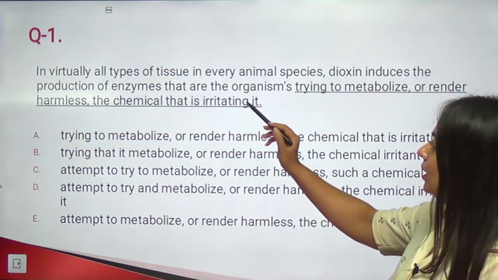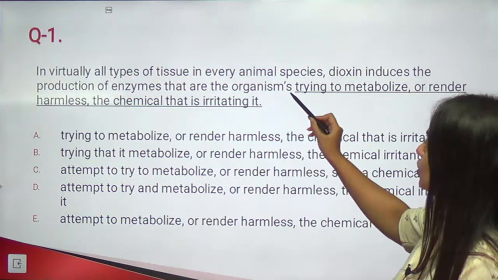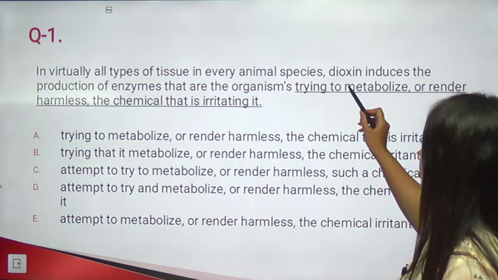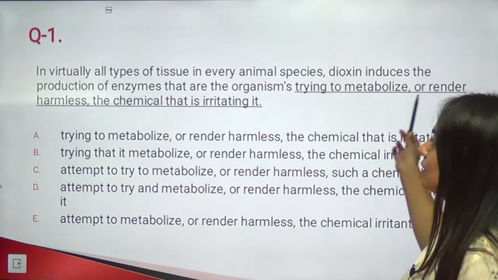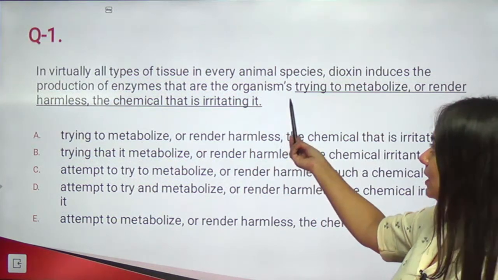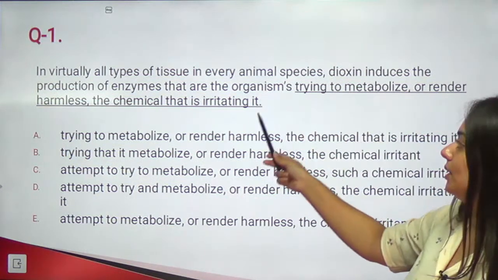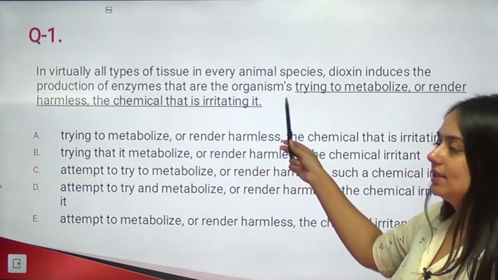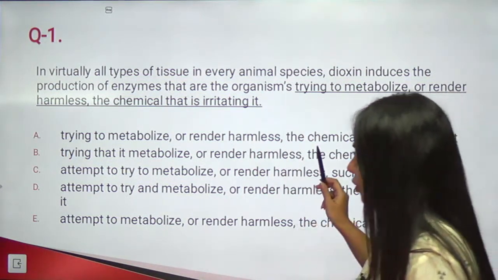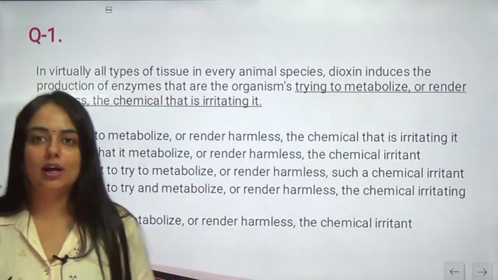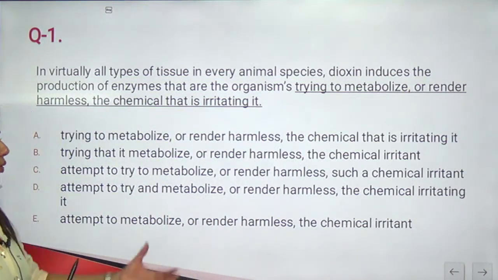In virtually all types of tissues in every animal species, dioxin induces the production of enzymes that are the organisms trying to metabolize or render harmless the chemical that is irritating it. Go through the sentence on your own. I'll give you 30 seconds. Try to answer this.